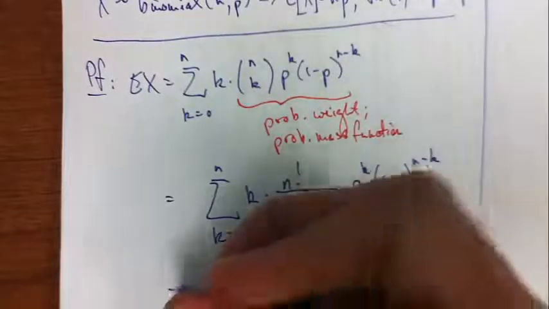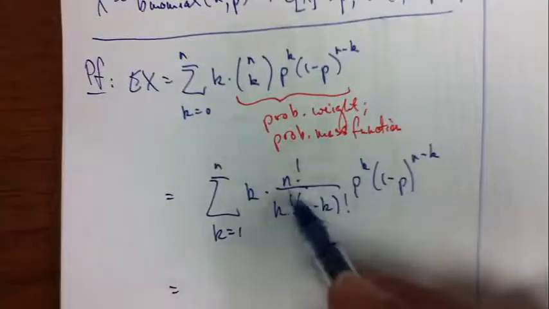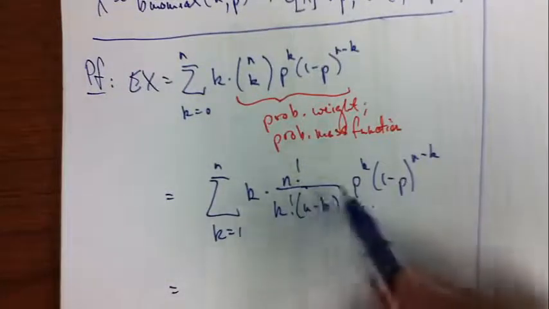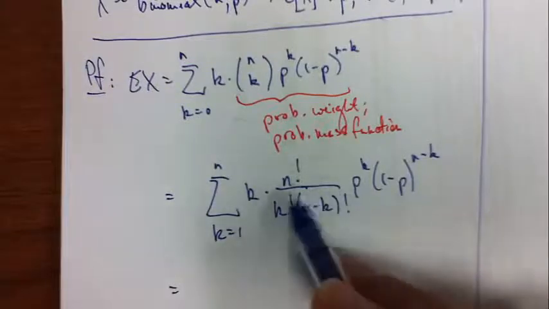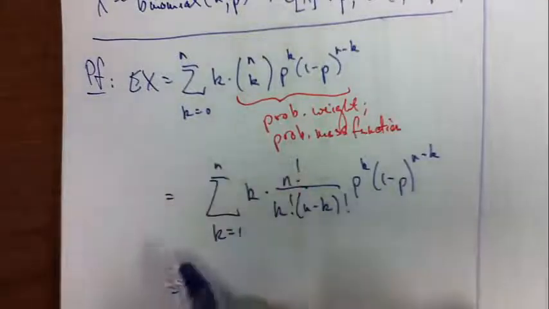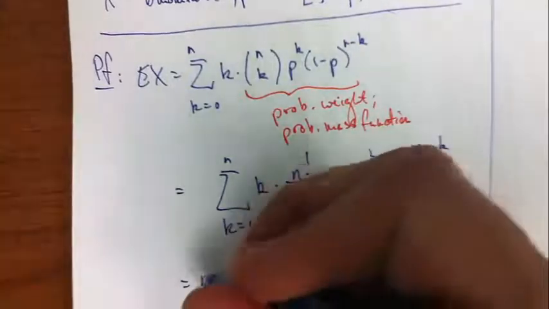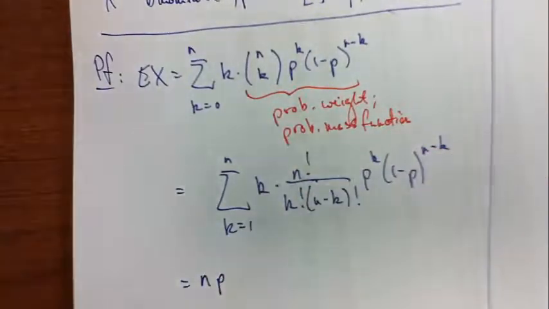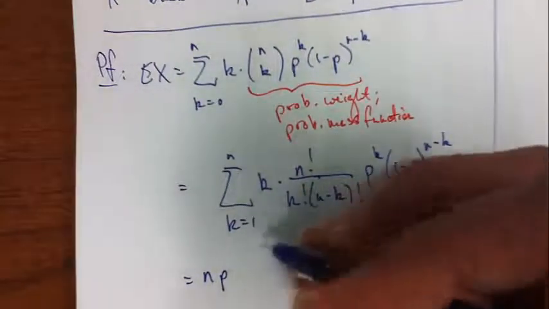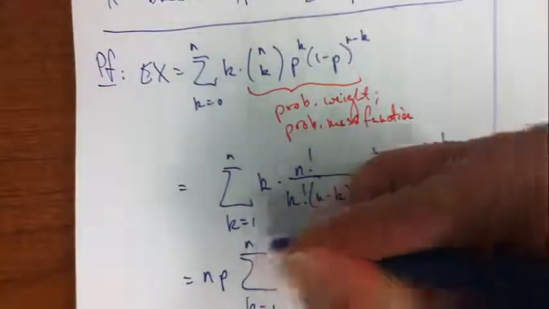Now at this point, I'm going to remember that my answer is n times p. So if you already know what the answer is, or even if you don't, but you have a good idea what it might be, then go ahead and factor that answer out, and then show the rest of the stuff is equal to 1. That's a good little trick for you. So I'll pull an n times p out. I'll be left with k goes from 1 to n.